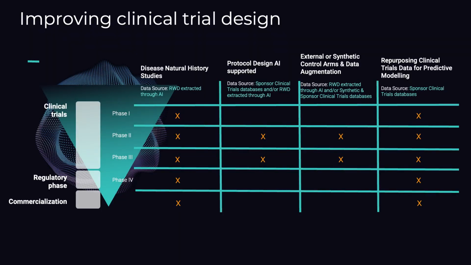And what is next? I think it is important also because all of what I showed you before is based on retrospective analysis of patients to really understand what is happening in the real world. But the truth is that with all of that, we have an important tool that maybe is going to help us as well to design clinical trials.